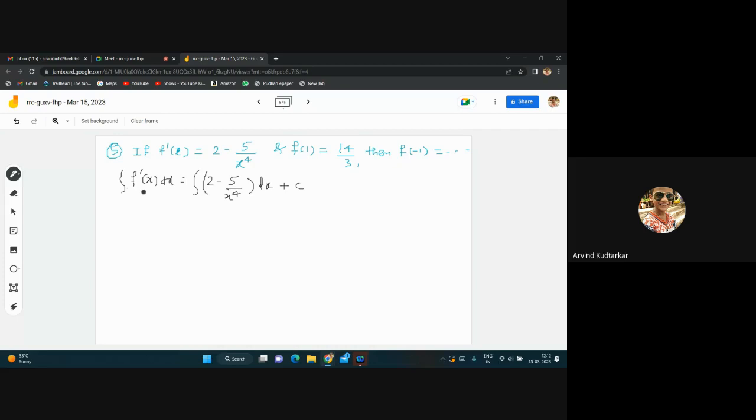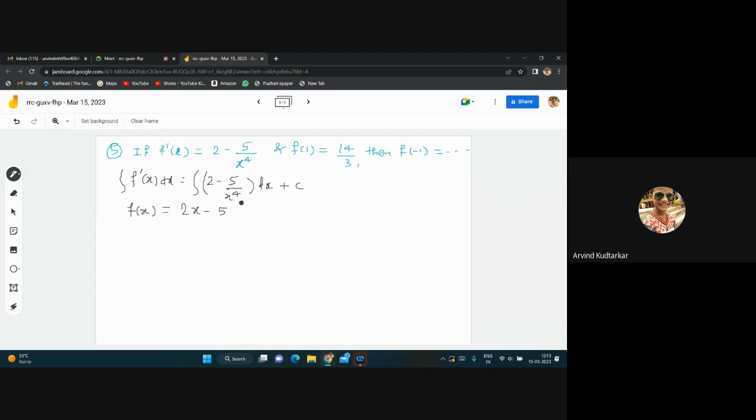The integration of x raised to n is x raised to n plus 1 upon n plus 1. So the integration of x raised to minus 4 will be x raised to minus 3 upon minus 3, plus c.